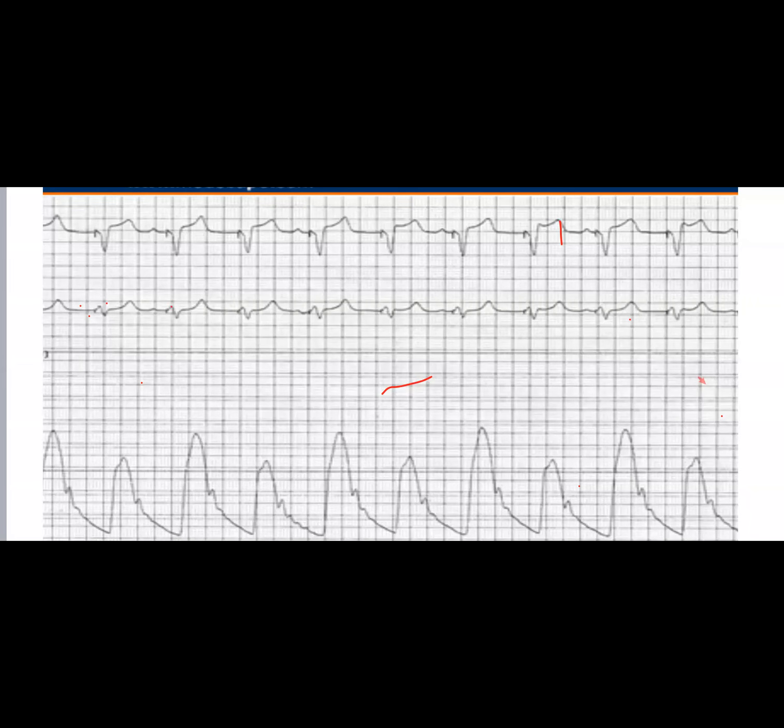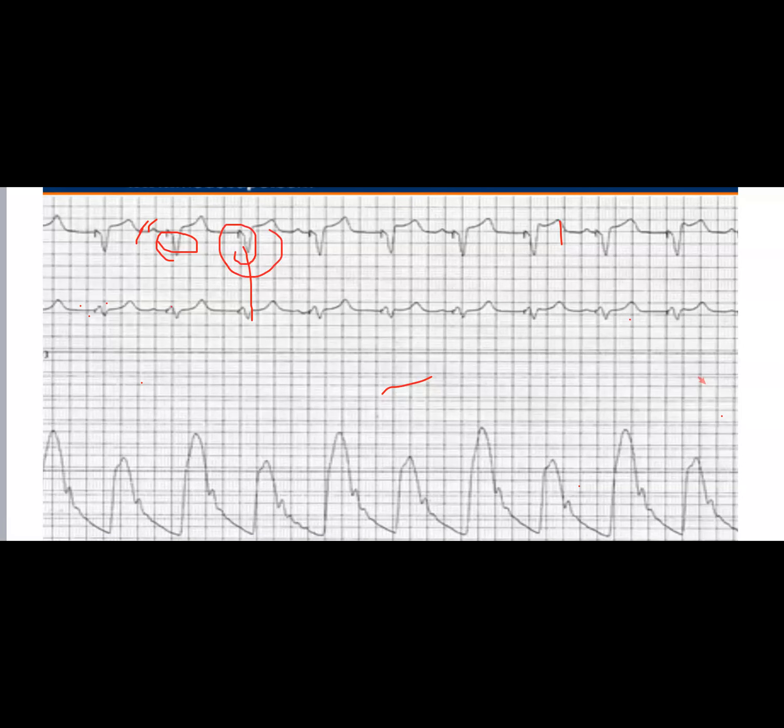Yes, exactly. So look at the pacemaker on the ECG tracing. See, for example, this one. What do you see? I have A and paced ventricle. Now look at this one here, the second.